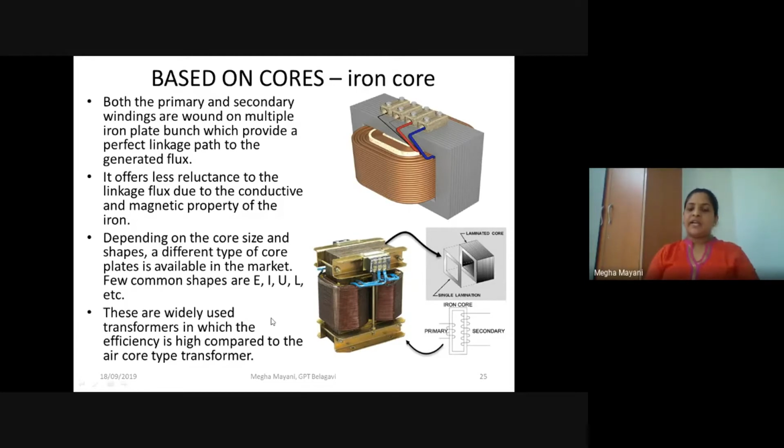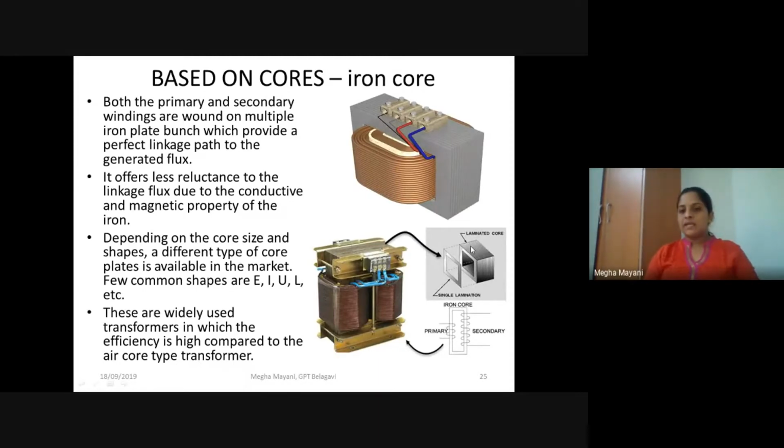And these find usage or applicability compared to air core type of transformers; these are more used because of the efficiency. The efficiency of iron core transformer is more compared to the air core type of transformer.